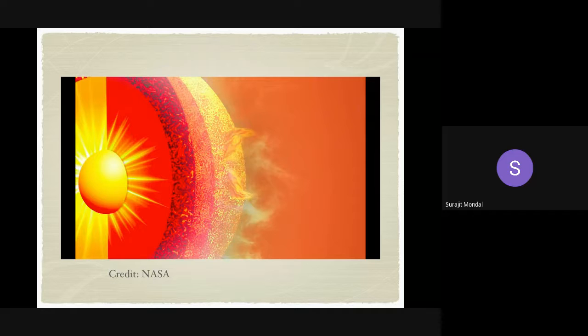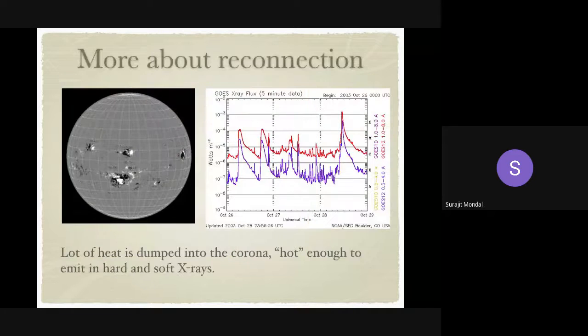Okay. Now, this reconnection process dumps a lot of heat into the corona. This makes the corona locally very hot, and it becomes so hot that it emits in hard and soft X-rays. You see here, these blue and red lines are the X-ray fluxes at different wavelengths.